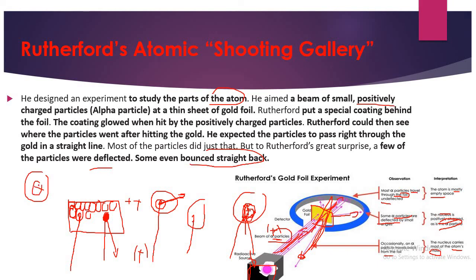Inside the nucleus there is a positive charge. When the alpha particles hit that positive charge, they will deflect like this. While if it hits this empty space, it travels through the foil or the atom. If the alpha particle hits the nucleus, it will travel backward.